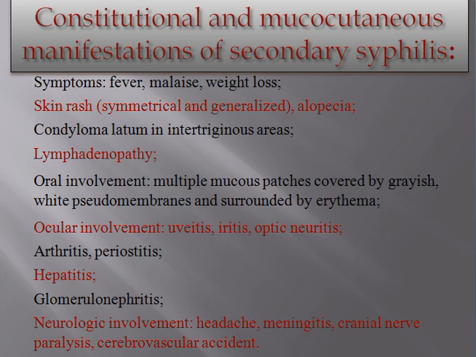Alopecia can be seen, condyloma latum, lymphadenopathy, multiple mucous patches covered by grayish-white pseudomembrane and surrounded by erythema, ocular involvement in different types of iritis, optic neuritis, uveitis, arthritis and periostitis, hepatitis, glomerulonephritis, and different neurological involvement like headache, meningitis, cranial nerve paralysis, and cerebrovascular accident.